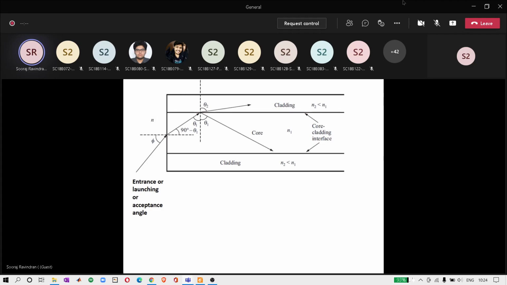So if you don't properly launch the information signal, what would happen? If total internal reflection does not happen... total internal reflection means whatever light is hitting this interface is entirely getting reflected back. That is what is called total internal reflection.